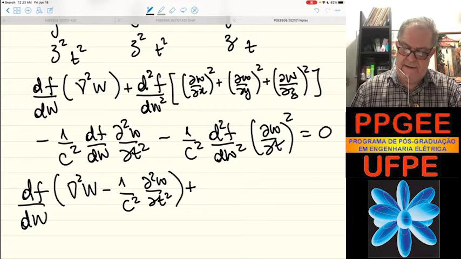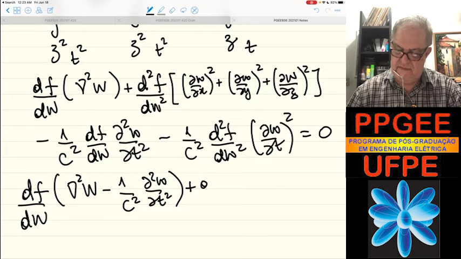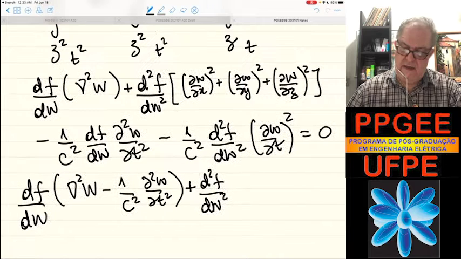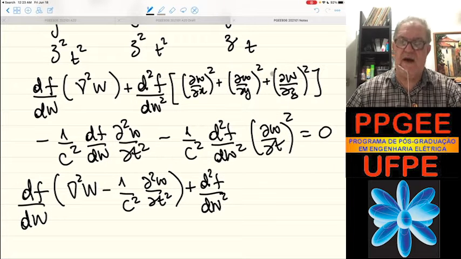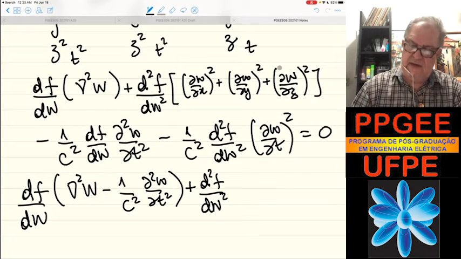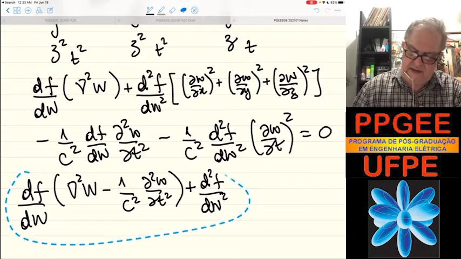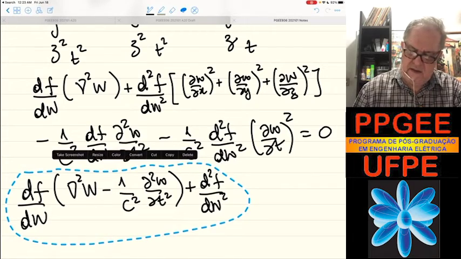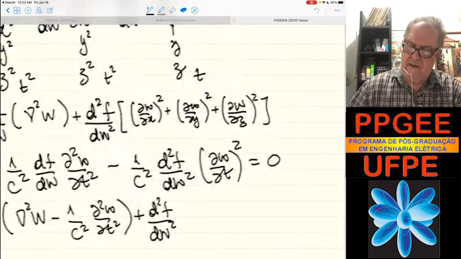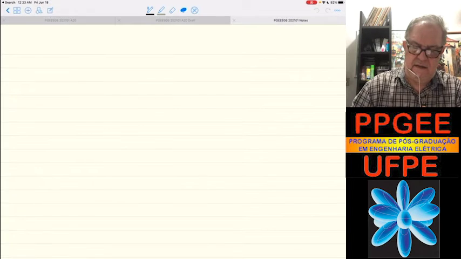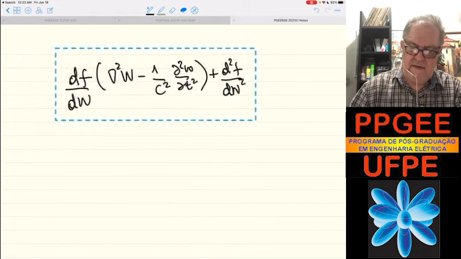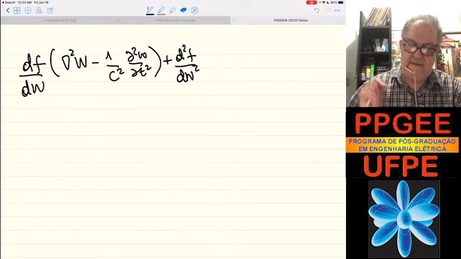Plus something that is the second derivative of f. Then we have the sum of the squares. This is going to be a little large, so let's move to the next page. Copy. Go to the other page. So we have that, right?